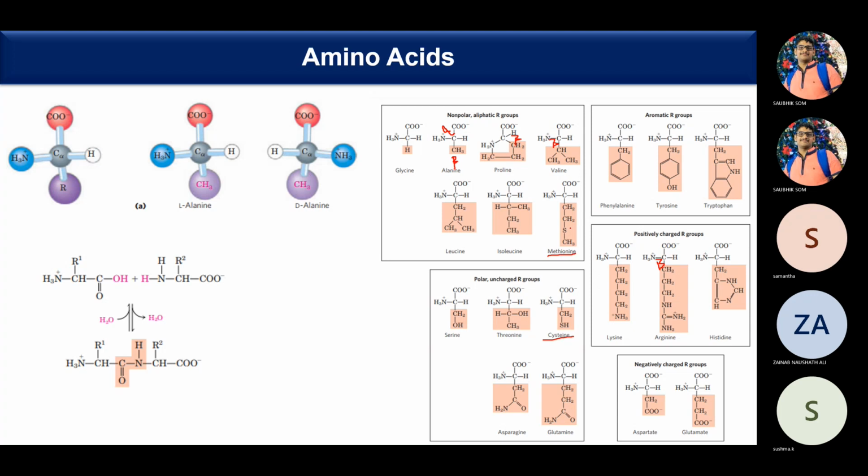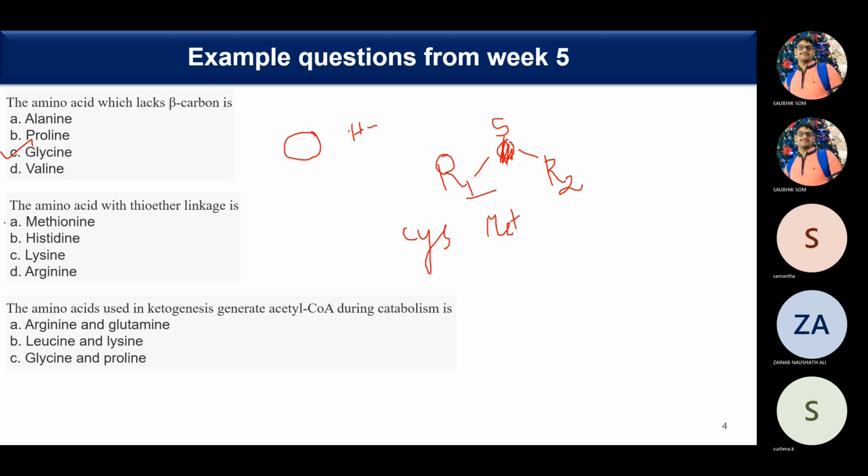This is the thioether linkage because it has a CH2 here and a CH3 here, so one R group is CH2 and the other is a methyl group. So the answer will be methionine. Since there are only two amino acids and cysteine was not an option, the only choice would have been methionine, even if you don't know the structural difference between cysteine and methionine.